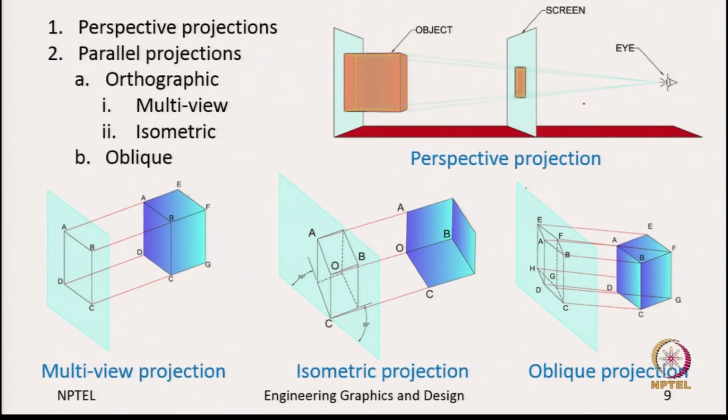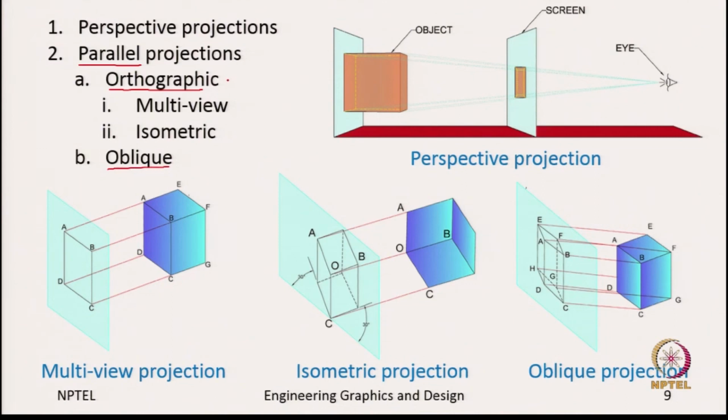It is different because the projectors are converging in the perspective, but in the other 3, which are the multi-view, isometric and oblique projections, the projectors are parallel. Even in the parallel projections we have 2 categories, one being orthographic and the other oblique.